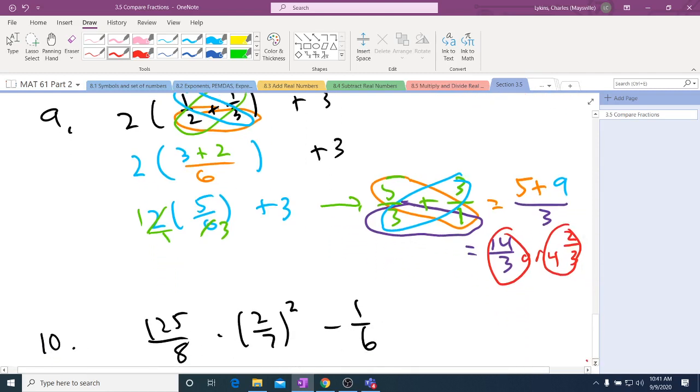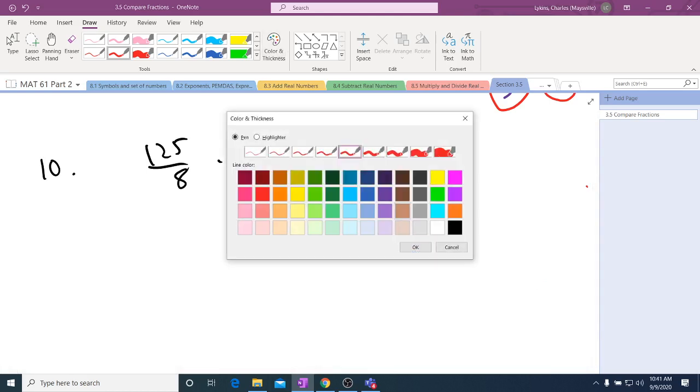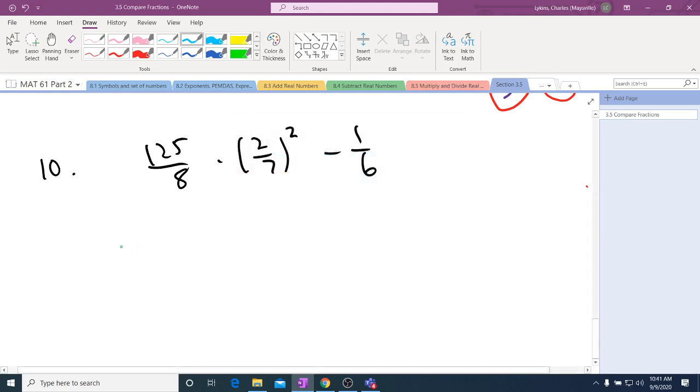And finally, I'm given one right here that's probably going to give us maybe some headaches. But remember, do this step by step. It does help out a lot. So what I'm going to do is I'm going to do 125 over 8. And then I'm going to say, okay, this right here is 2/7 times 2/7.